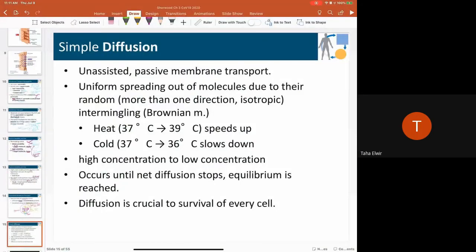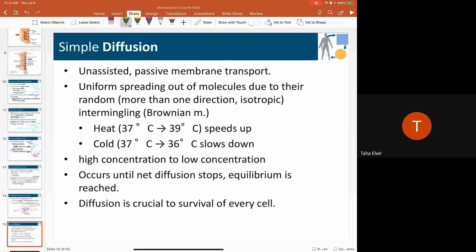So, simple diffusion. Since it's a passive process and it's molecules that are randomly moving around in a solution, things can happen to that solution that will alter the activity of the molecules. So they're running into each other, they're running into maybe a container, they're bouncing around, and they're doing it at a certain speed.